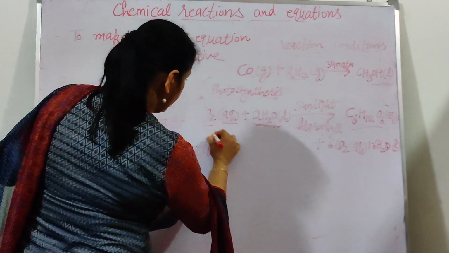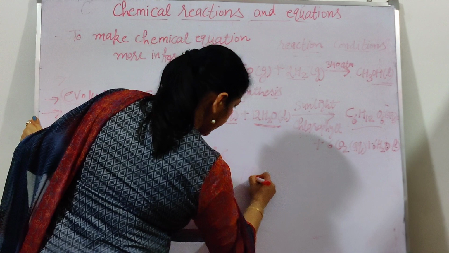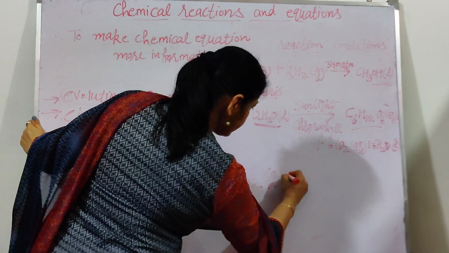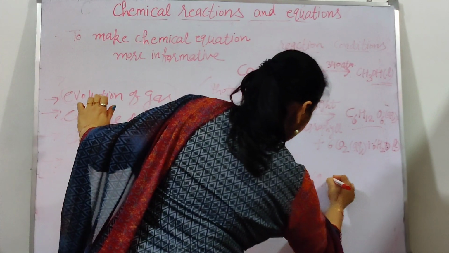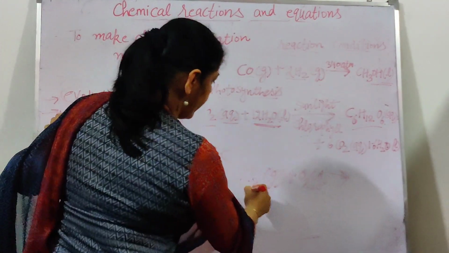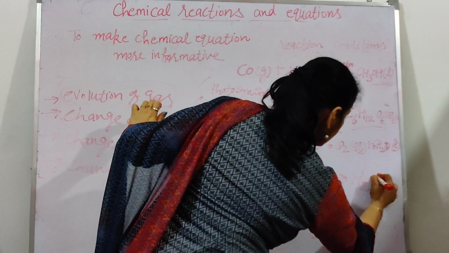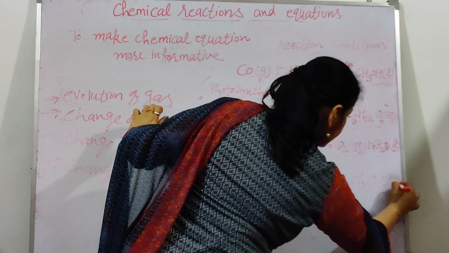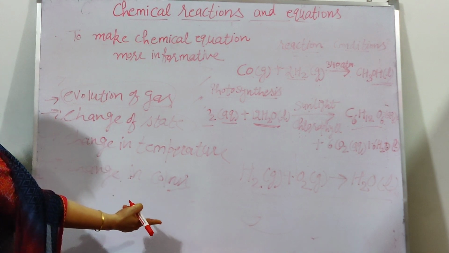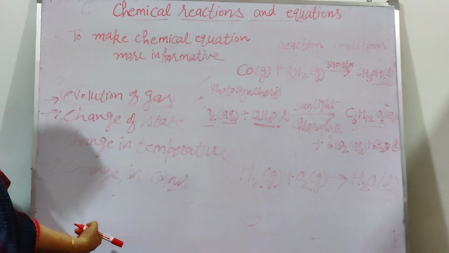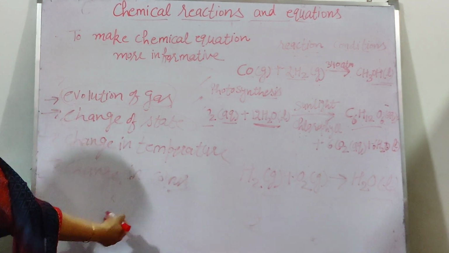For example, the change of state: H2 gas and O2 gas, but when they react, what do they form? H2O, that is liquid. Change of state. Evolution of gas, I have given you the example when steam is passed over iron.